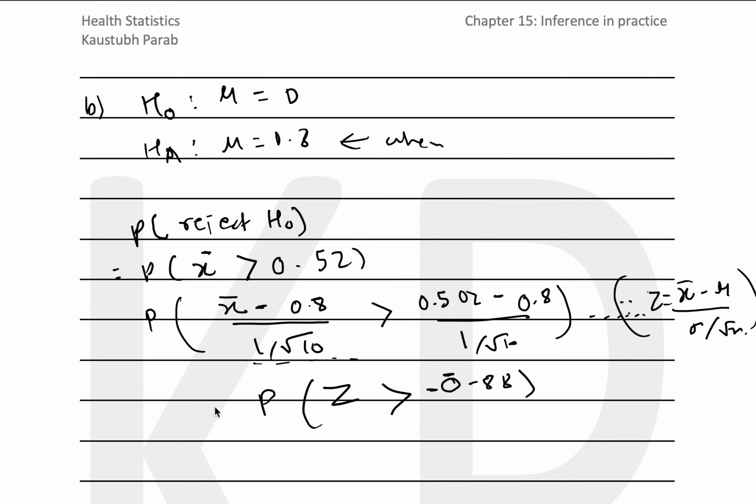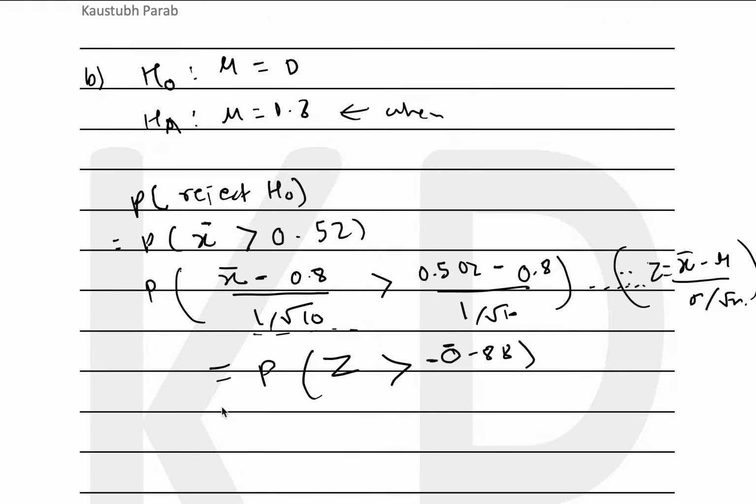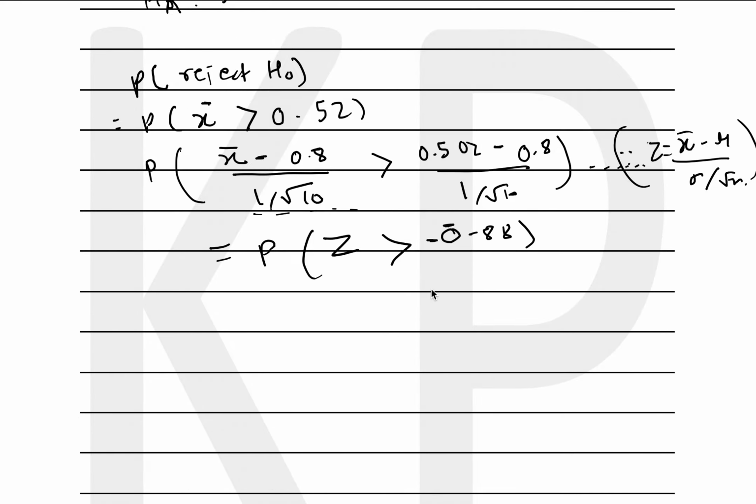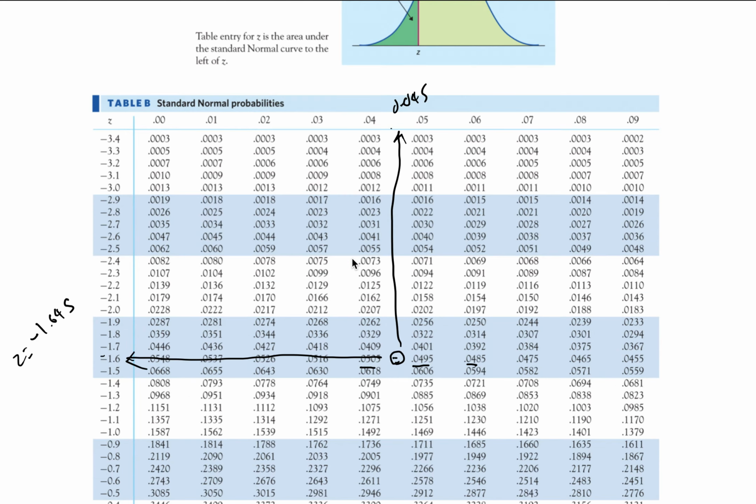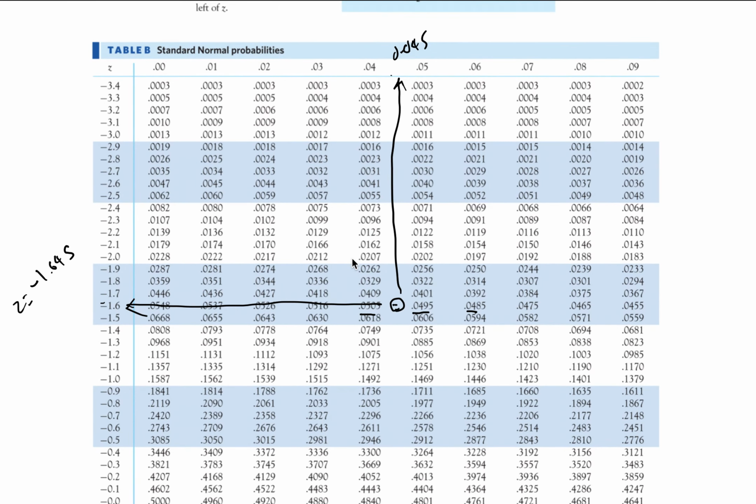Right? So you're going to get the probability of z greater than negative 0.88, and that probability we can find based on that z value by referring to table B, just as before. We just have to find that particular area.